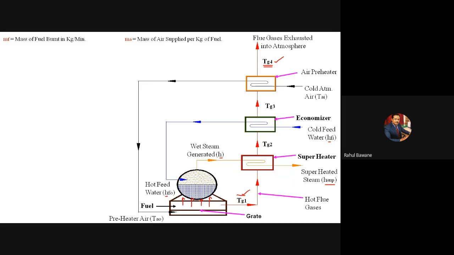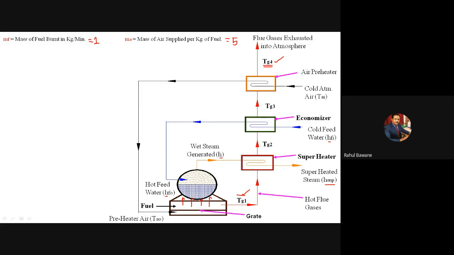Most commonly the mass of air is given per kg of fuel; it is not directly given in kg per minute. That means if I use a mass of fuel of 1 kg and the mass of air required is, suppose, 5 kg, this 5 kg is for burning 1 kg of fuel.